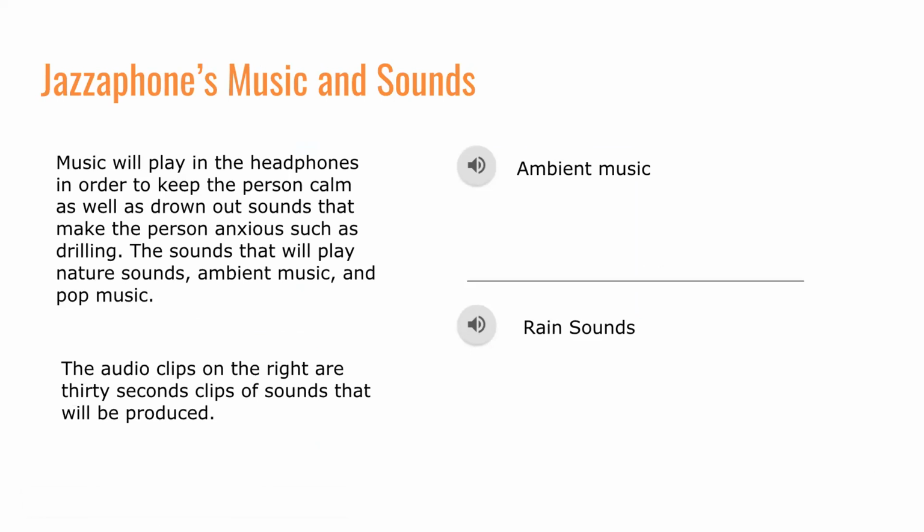The music will play in the headphones in order to keep the person calm, as well as drown out the sounds that make the person anxious, such as the drilling. The sounds that will play include nature sounds, ambient music, and pop music. The audio clips on the right here that you see before you are only 30-second clips of sounds that will be produced.